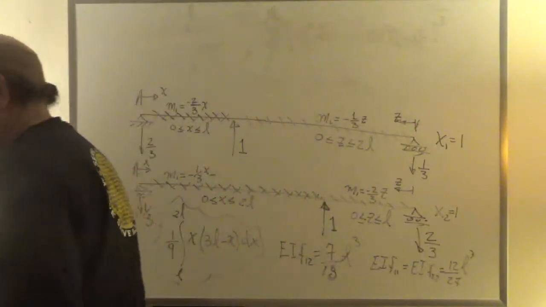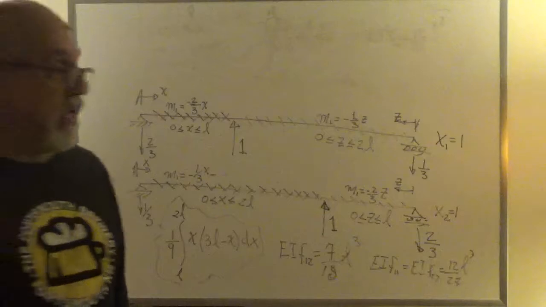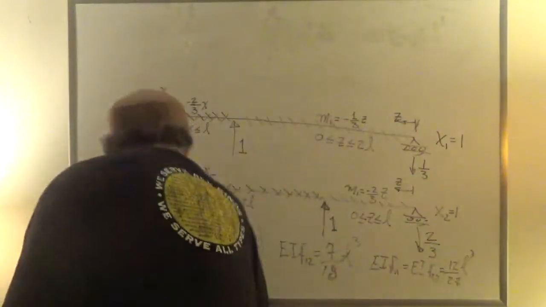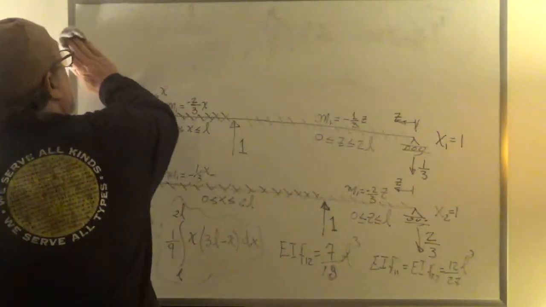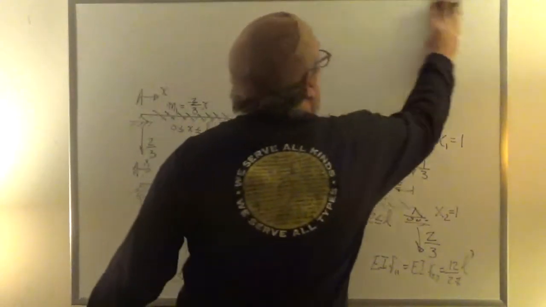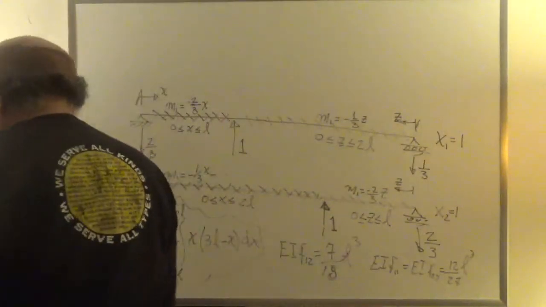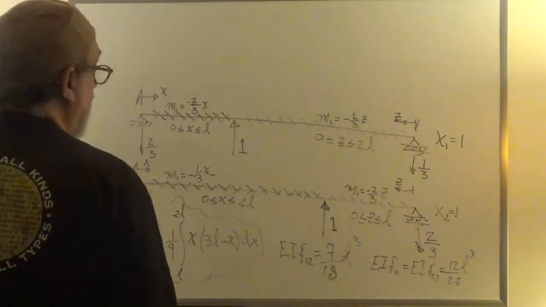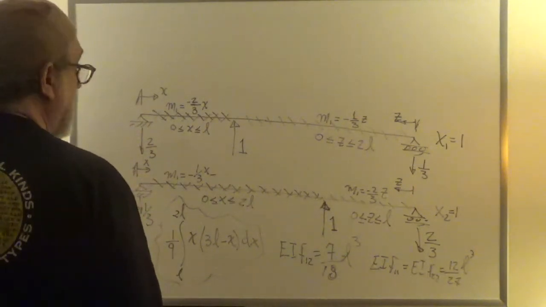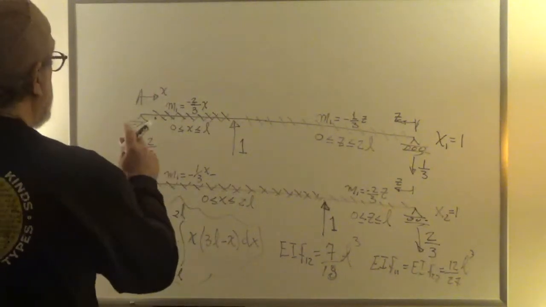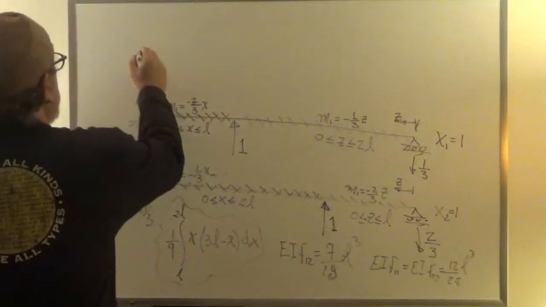No, that didn't work. Try this. Okay, that's a little better. So now we have to do, let's see, I could erase this one, well maybe not, maybe I can do it here.